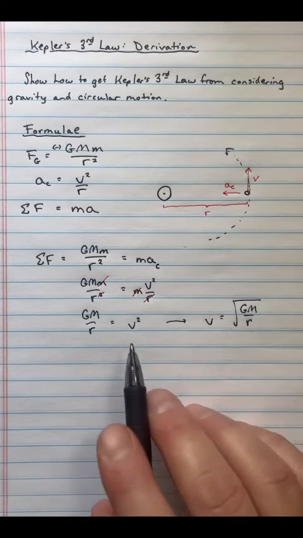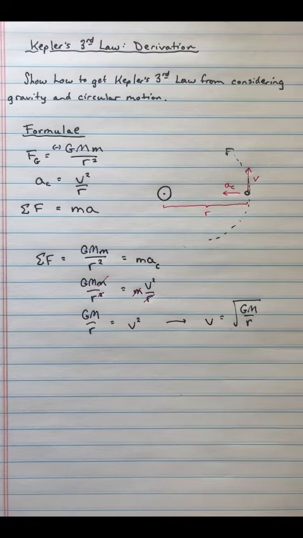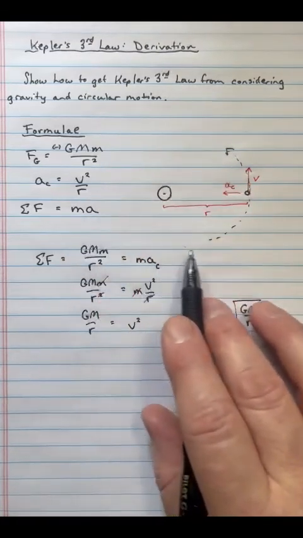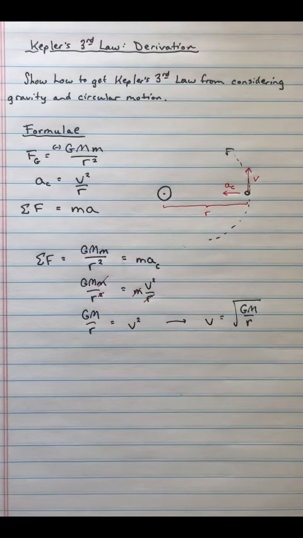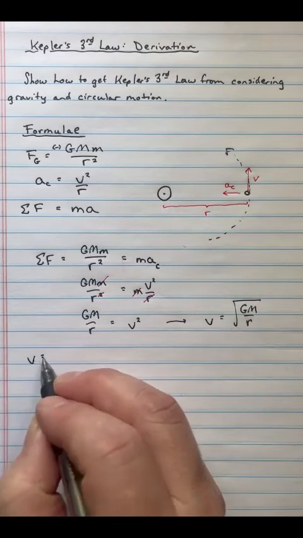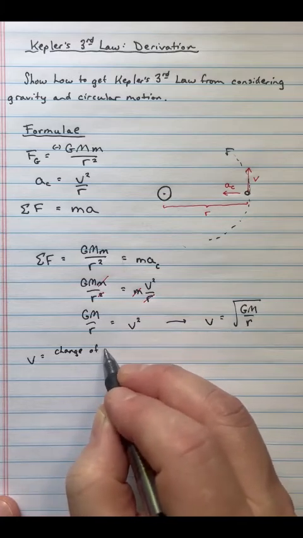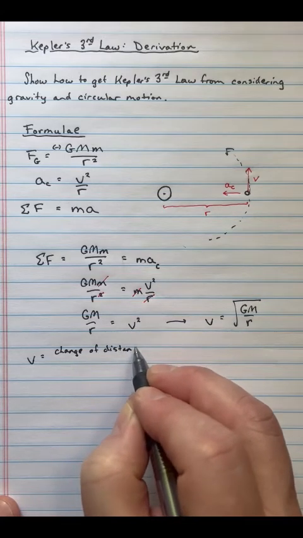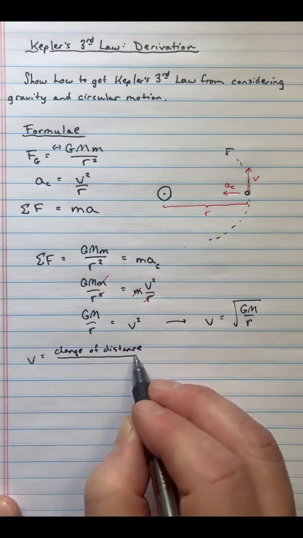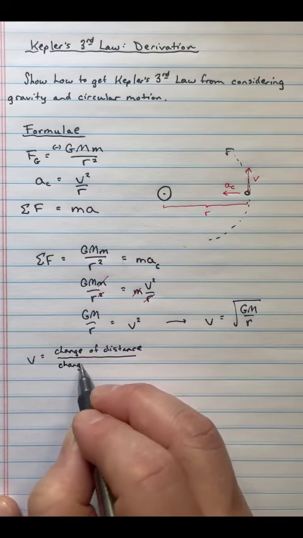Well, let's take a look at this v here carefully and think about this. So this is a perfect circle, right? Well, what is v in general anyway? V is what we call speed, and is a change of distance. I'm going to write that out in words so we can see it. Change of distance divided by a change of time.